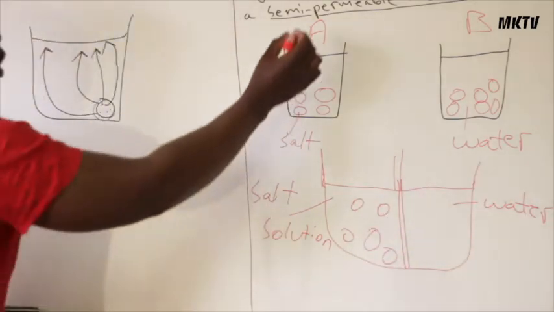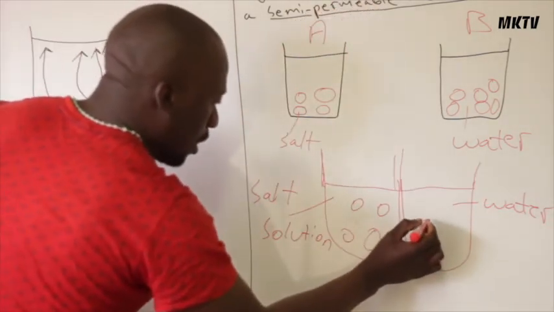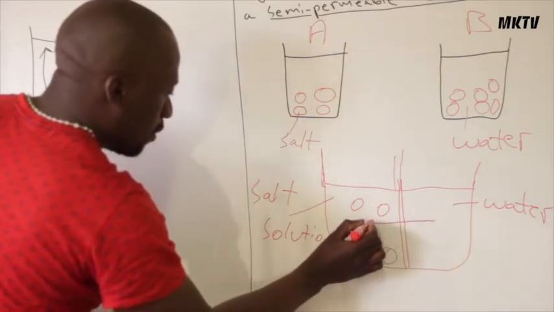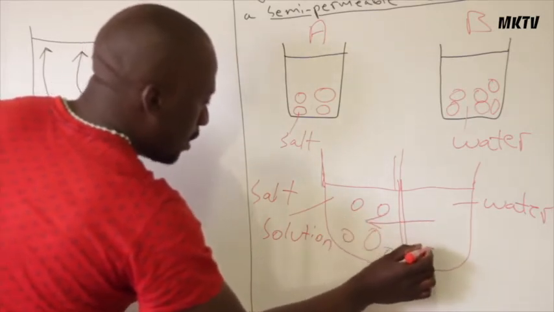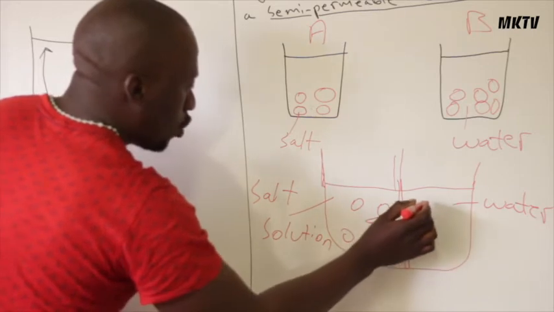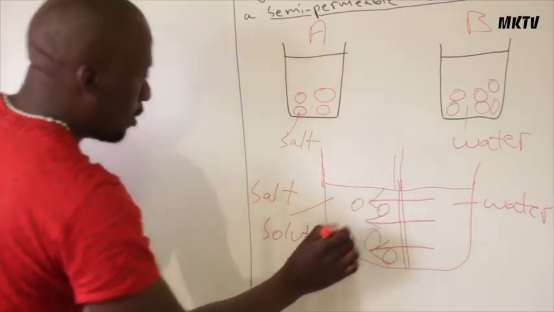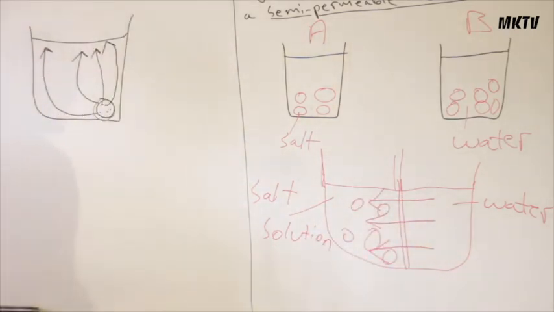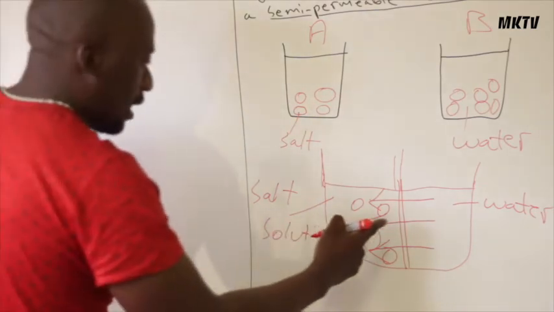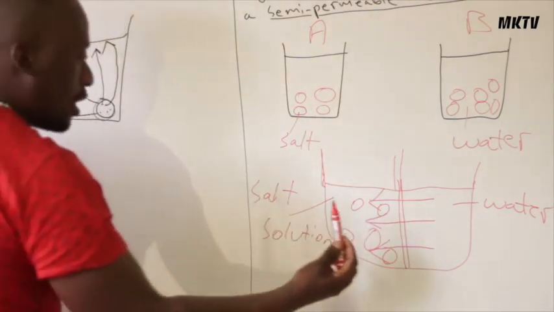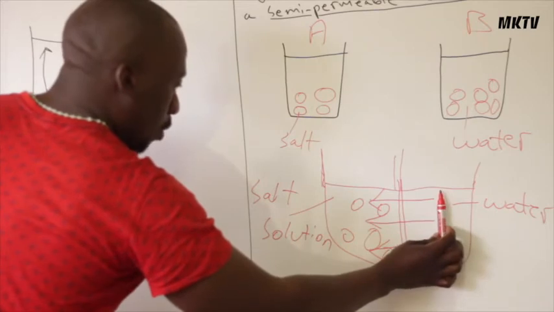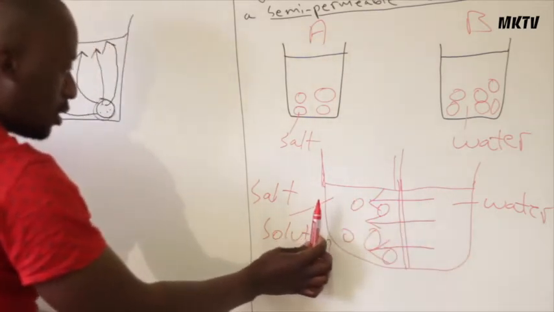It means water molecules are going to move inside the solution of salt and water, which means at the start, water is going to move from a region of high water potential to a region of low water potential.